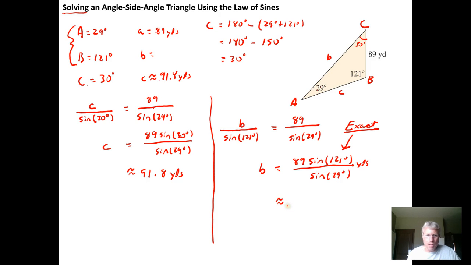More common, it will be to be asked for a rounded answer. So in this case, it rounds in the calculator to 157.4 yards. So the B, little b, is 157.4 yards. And you have solved the triangle once you have all the unknown measurements.